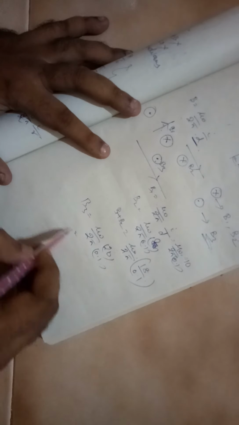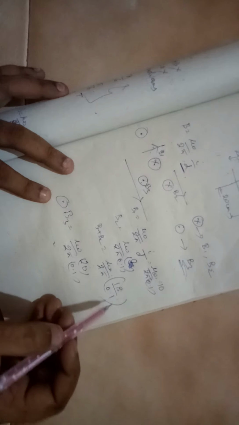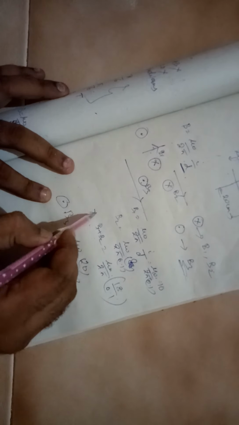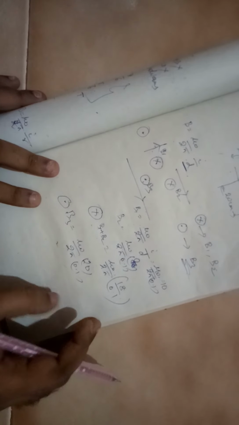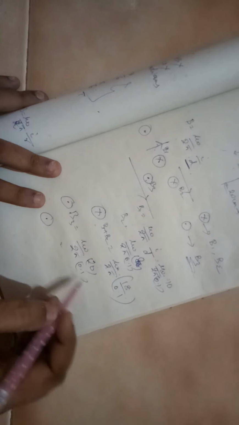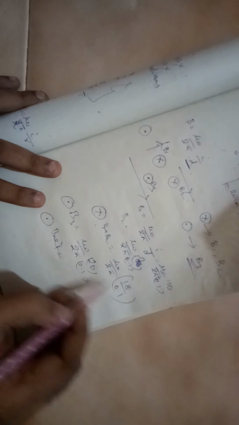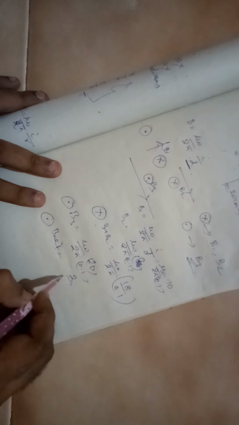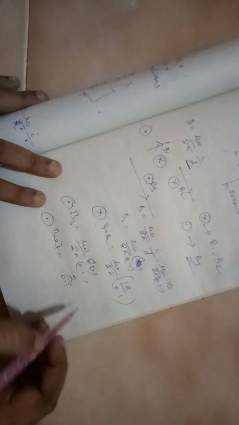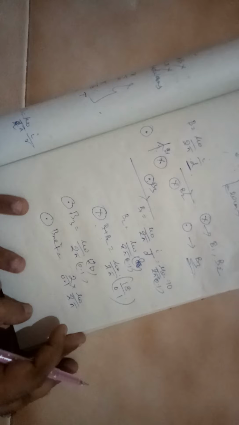So you can see here B3 is showing the dot direction and B1 plus B2 net is showing the cross direction. So what is the net direction? Net direction is dot, and B net is 20 minus 18, which is 2, divided by 0.1, into mu naught by 2 pi.